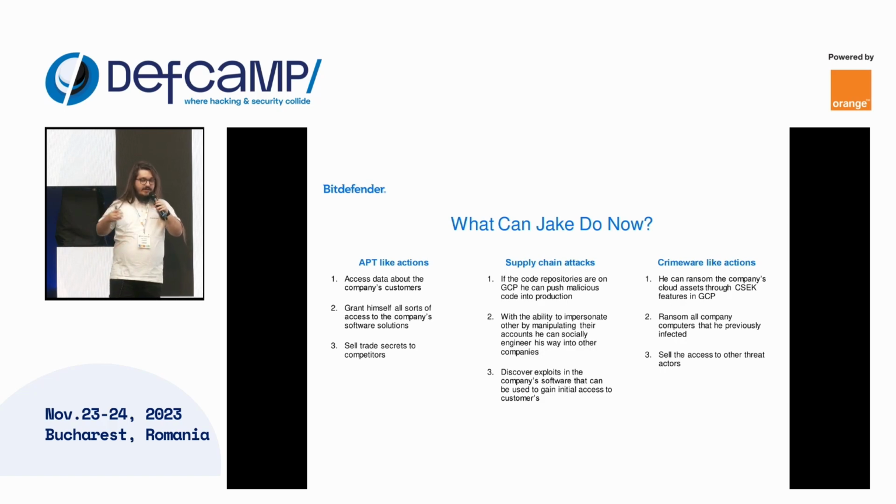Well, he might take some APT-like actions, such as trying to steal company secrets, or trying to do some supply chain attacks, trying to infect Acme Software's users, or he could try to do a ransomware-like attack where he encrypts all the VMs in GCP, or just sell his access to the highest bidder.